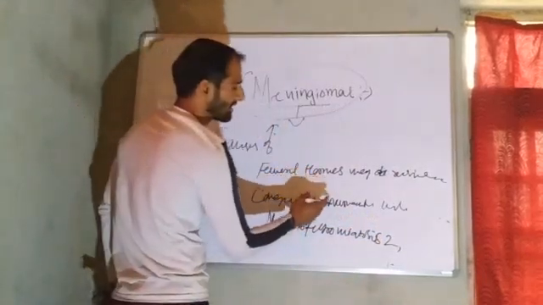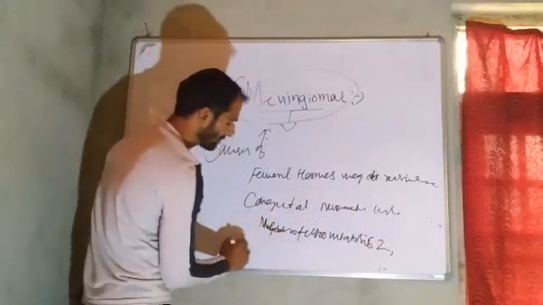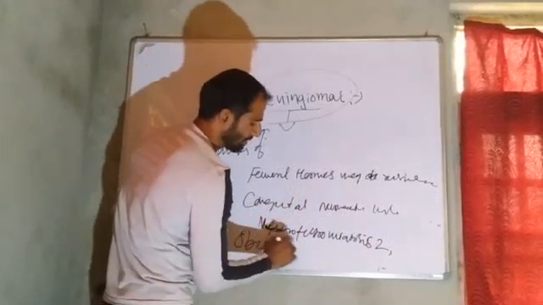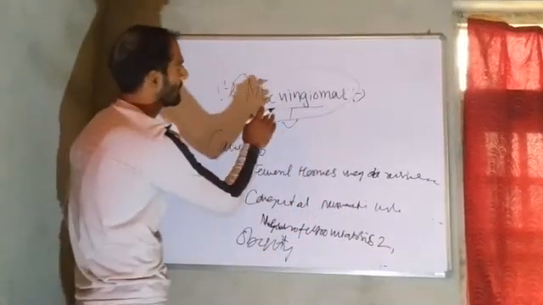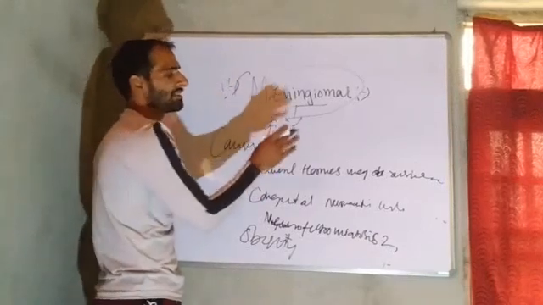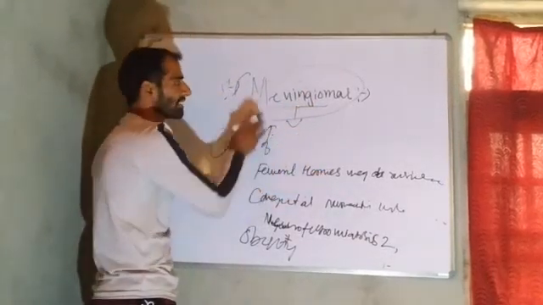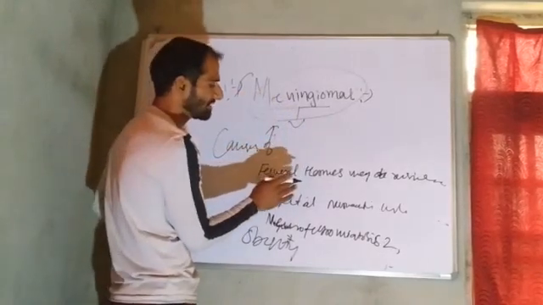neurofibromatosis 2. Okay, congenital disorders or inherited neurocognitive disorders, neurofibromatosis, and also obesity have been associated with the development of meningiomas. So the exact cause is unclear. Female hormones have been linked with the development because it is more prominent in females.